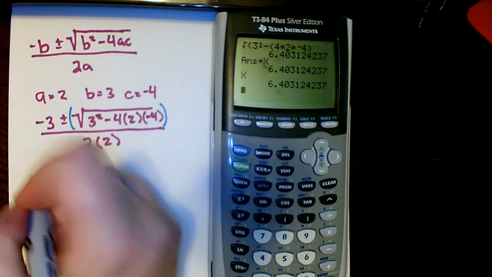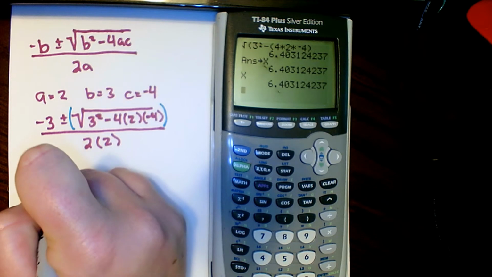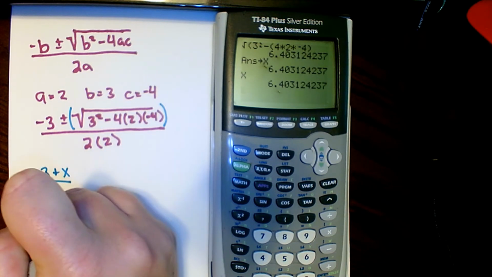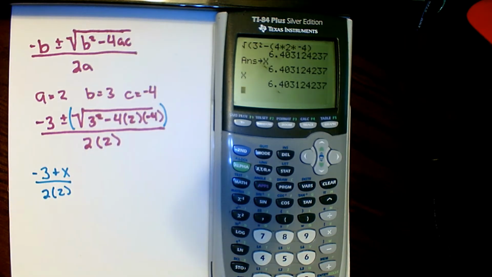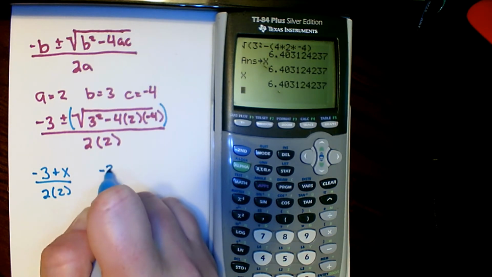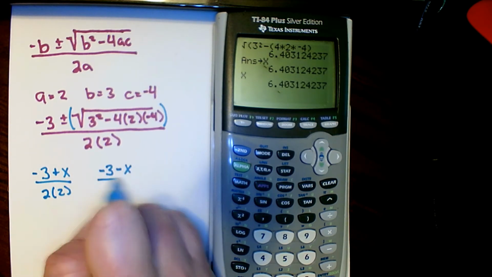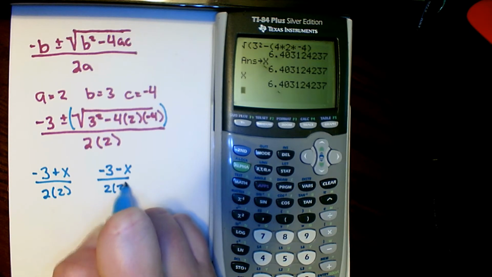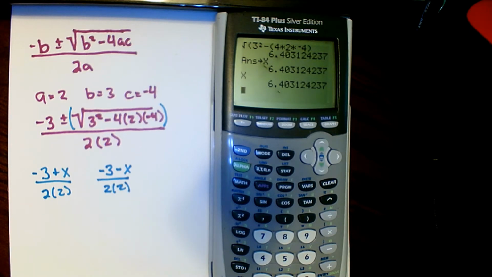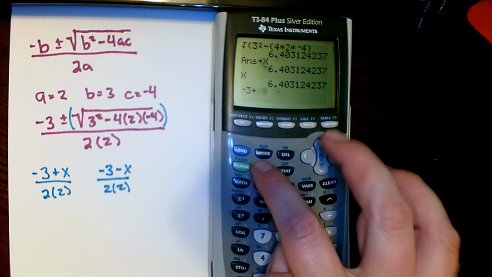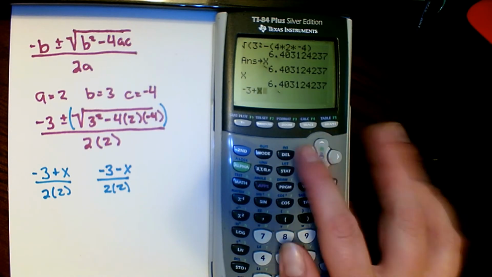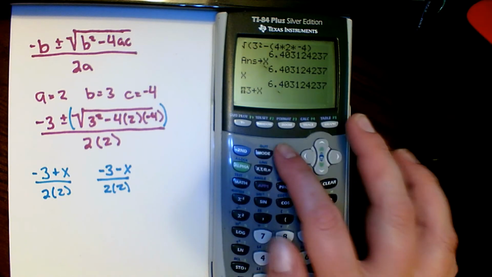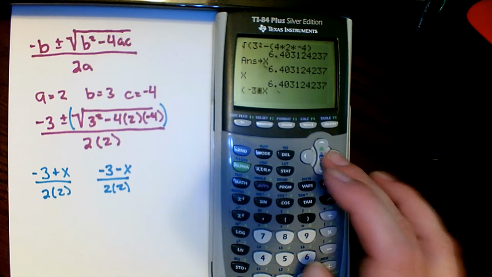So now all we have to do is minus 3 plus X all over 2 times 2, and also minus 3 minus X all over 2 times 2. And that makes it a lot faster. So we're going to do minus 3 plus X, and actually, you know what, we're going to want to put that in parentheses, so I'm going to insert some parentheses.